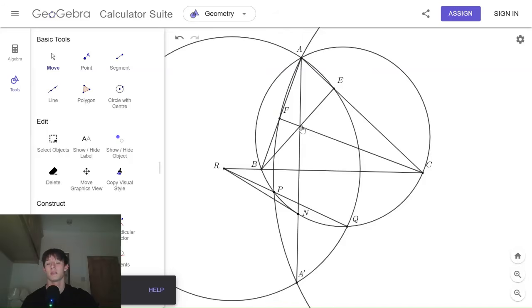Maybe inverting at H is a good idea. Let's just think about it for a second. In center, ABC, these points will go into IA and IB. We have essentially this point, this goes to the foot of bisector, I guess.